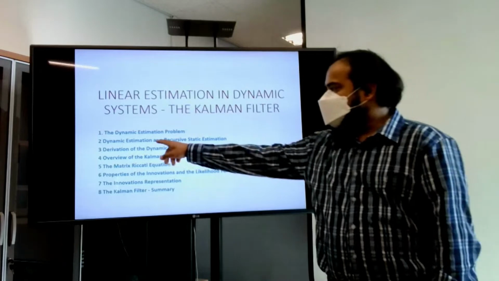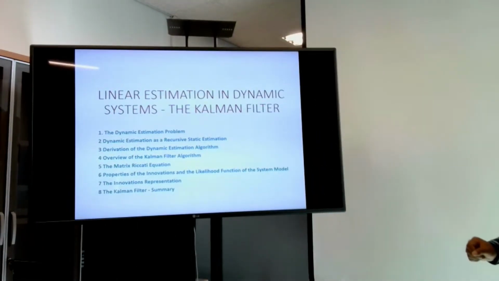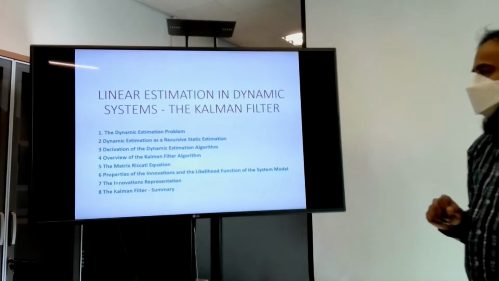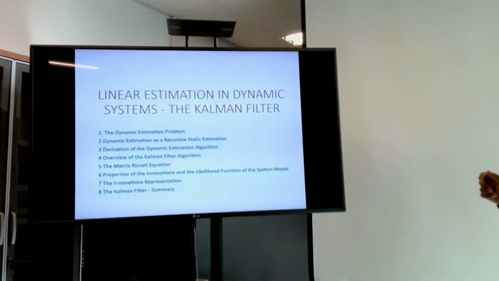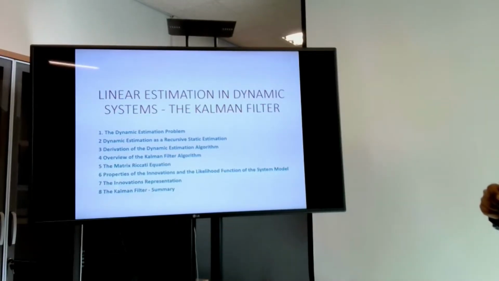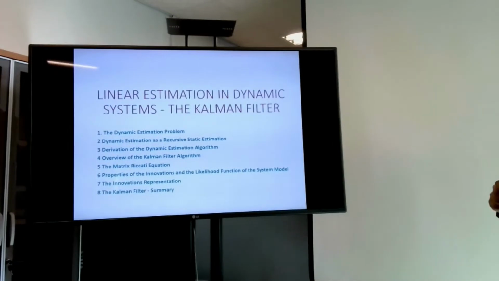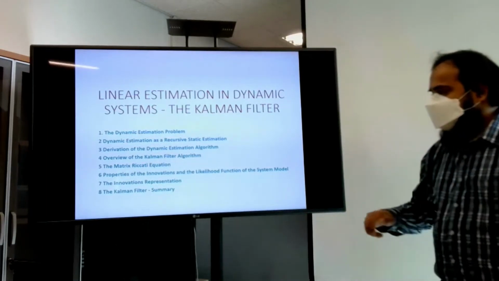So dynamic estimation is recursive state estimation, and the derivation of the dynamic estimation algorithm, overview of the Kalman filter algorithm, the matrix Riccati equation, and the properties of the innovation and the likelihood function of the system model, innovation representation, and then the summary.